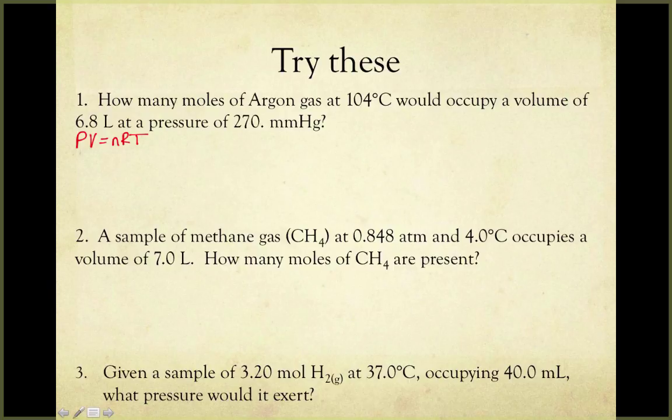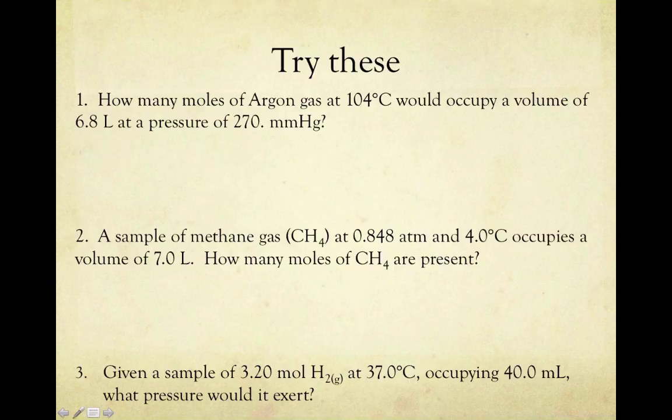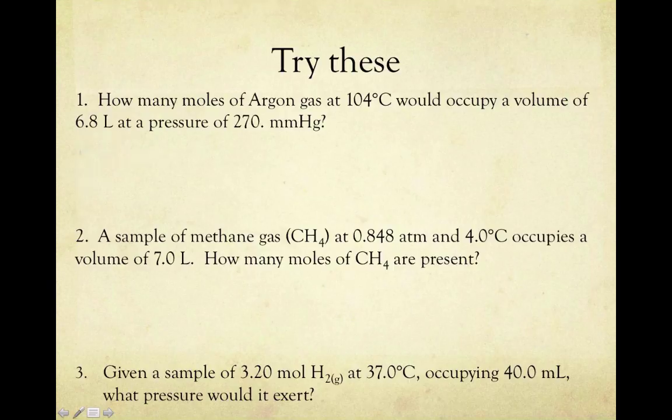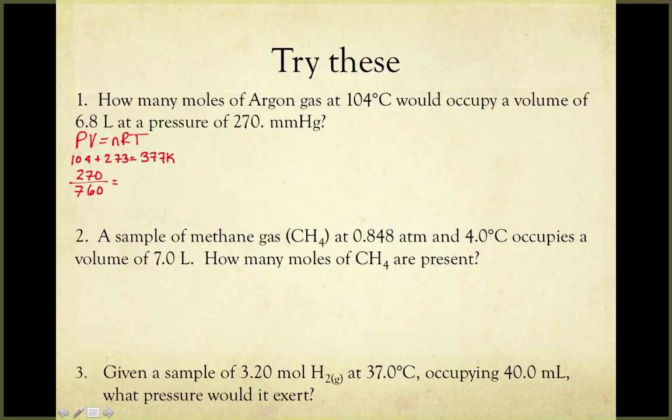Notice I'm given temperature in degrees Celsius, so I'm going to convert that to Kelvin by adding 273 to the Celsius temperature to get 377 Kelvin. I also need to convert my pressure from millimeters of mercury to atm, so I'm going to divide 270 by 760 to get 0.355 atm. Now I have everything in the proper units, so I can actually solve the problem.